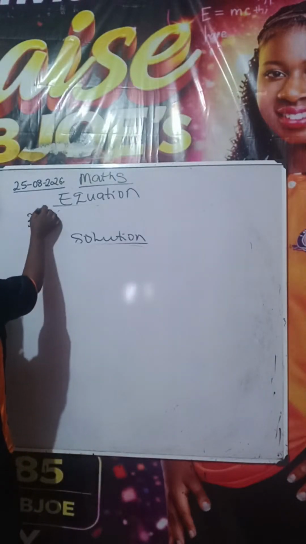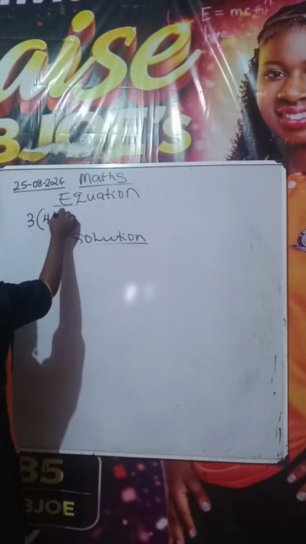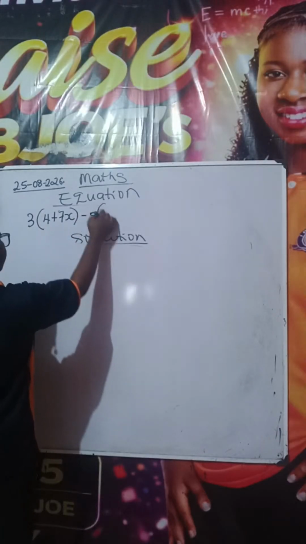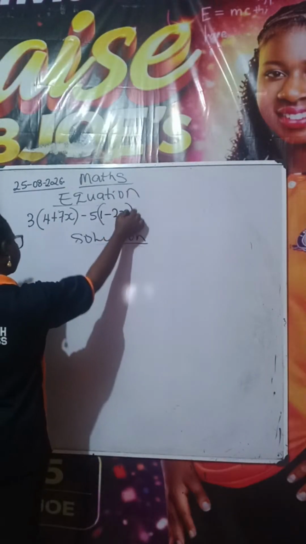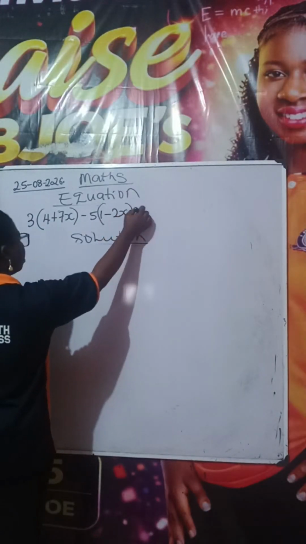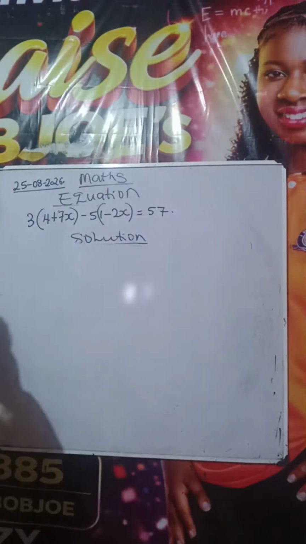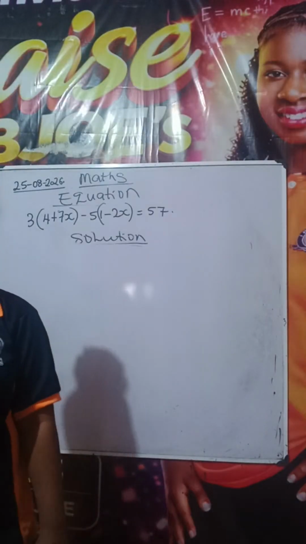So I have 3 multiplying 4 plus 7x minus 5, 1 minus 2x equals 57. So are we ready to try this one? Let's see.